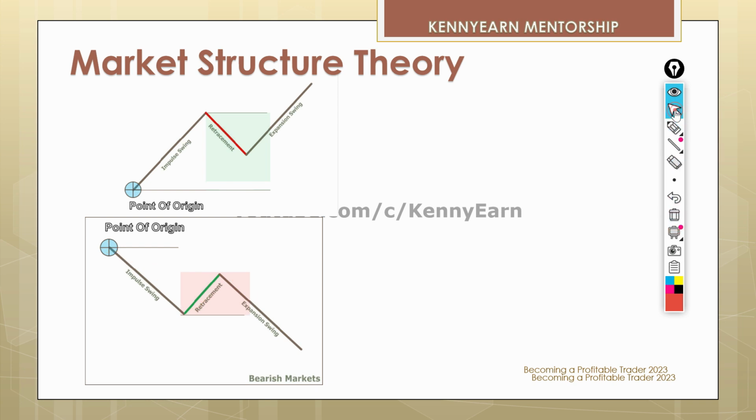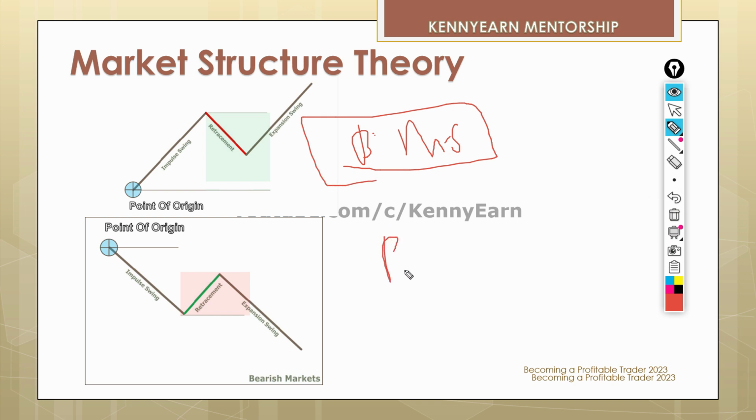Now, there's one unique thing we use in analyzing the next market direction in a trend, which is called BMS. BMS is simply break in market structure. I'm going to explain that.